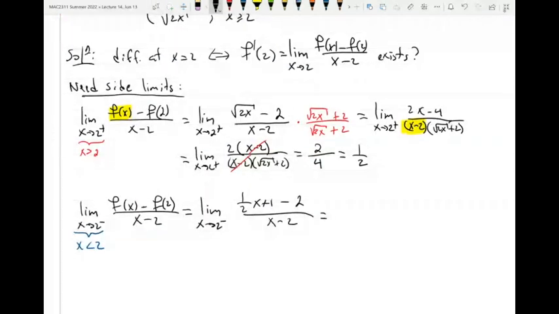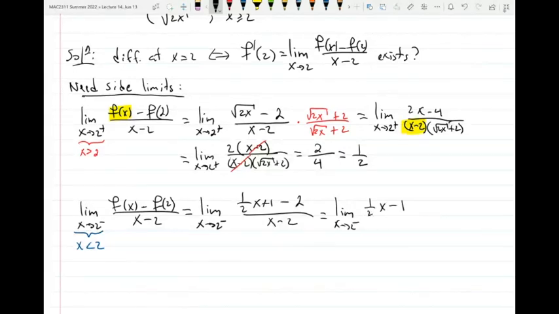So let's go for it. So what do we have here? Simplify. So 1/2 x minus 1 over x minus 2. So again, you cannot just plug in because you're going to get 0 over 0. So what I'm going to do is get rid of this little 1/2 by multiplying top and bottom by 2. Yes? Clear denominator.